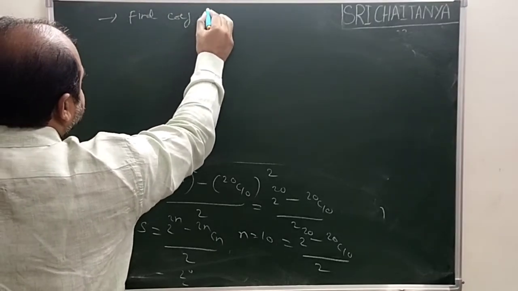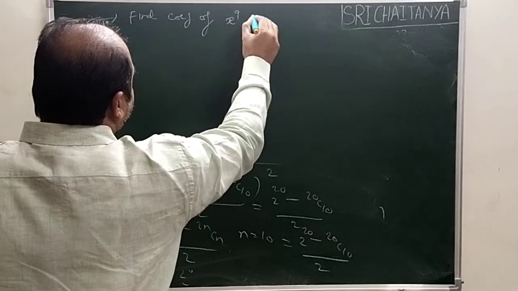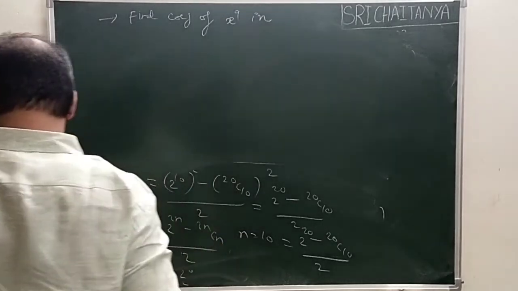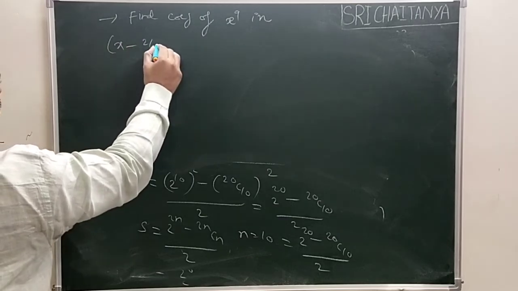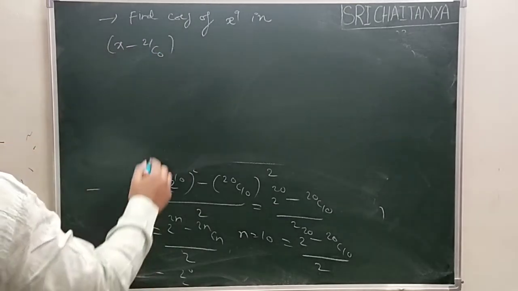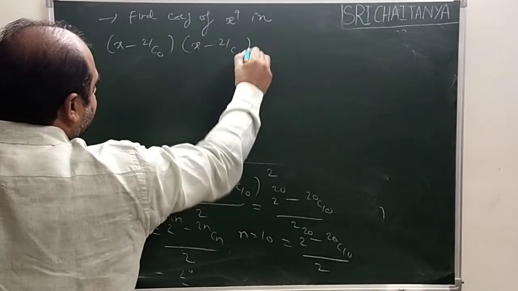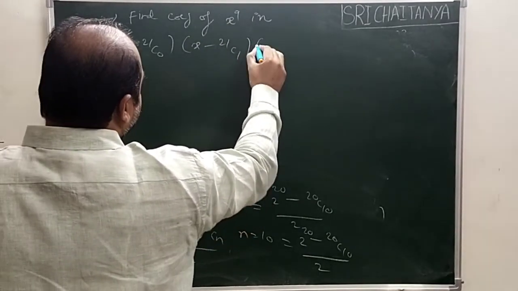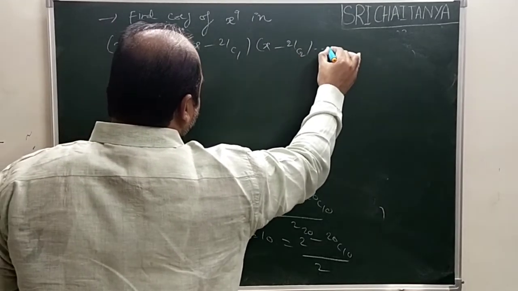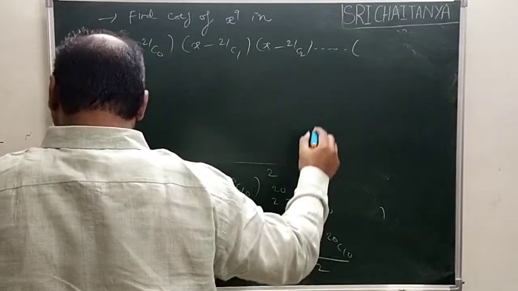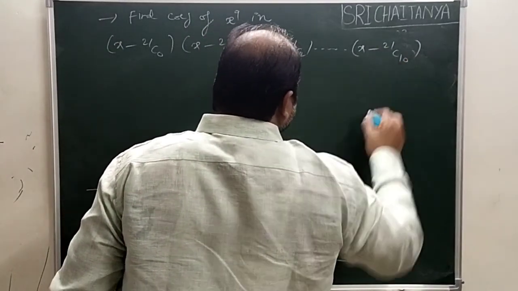Suppose he is asking like this. Find the coefficient of x power 9 in (x minus 21C0)(x minus 21C1) and so on up to (x minus 21C10).